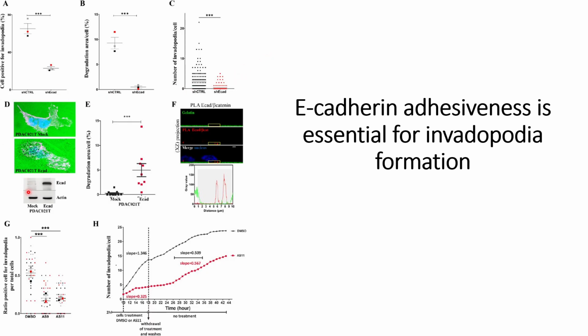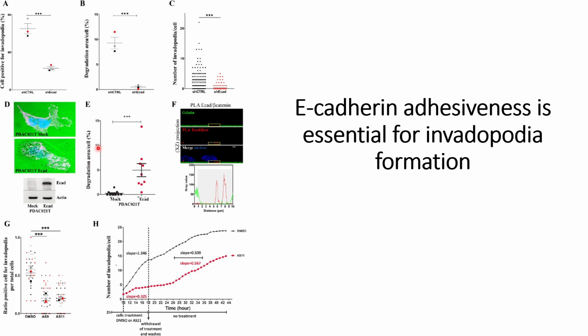Compared to the mock, where E-cadherin has been knocked down, when they overexpress E-cadherin they are able to see an increase in the degradation. It can be seen from the figure in panel D, and the quantification is shown in panel E, where we can see that the degradation area per cell increases as soon as E-cadherin is overexpressed.